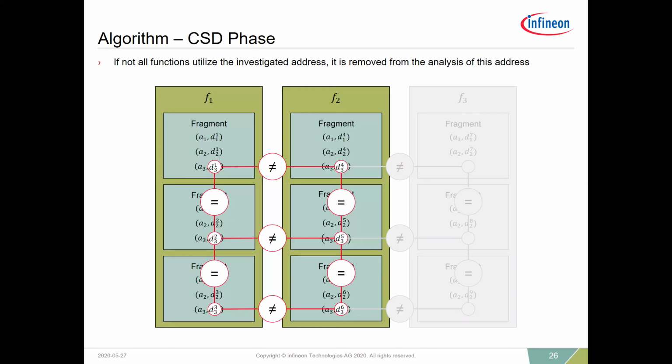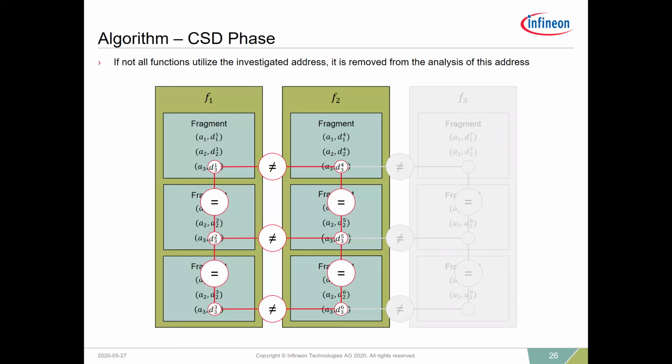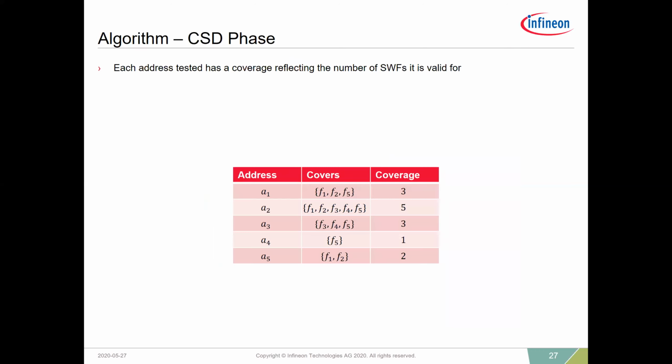So if we look at this example, then we have a coverage for address 3. So for A3, we have a coverage of 3 because it is found on all 3 functions. If it is missing on F3, then we have a coverage of 2 because it is only found on F1 and F2.